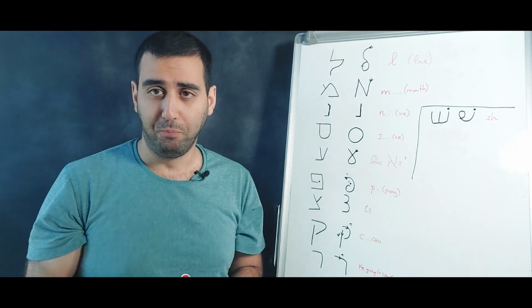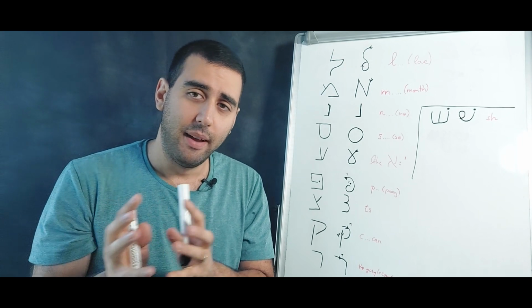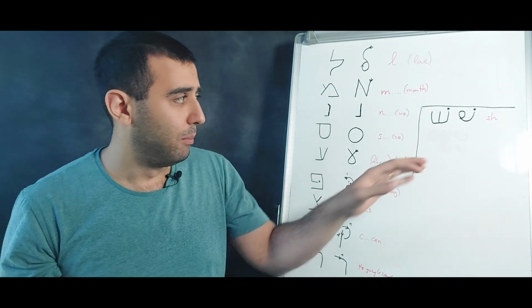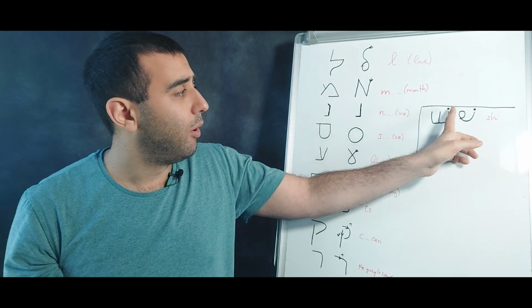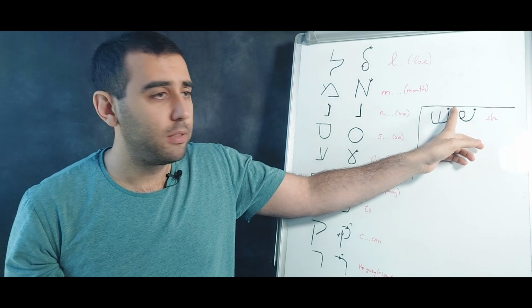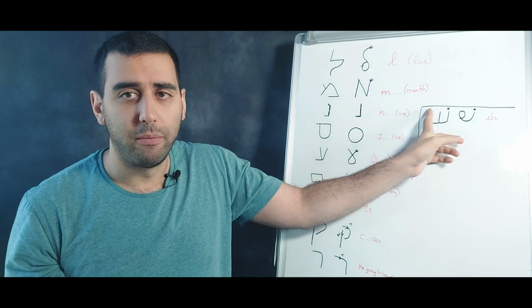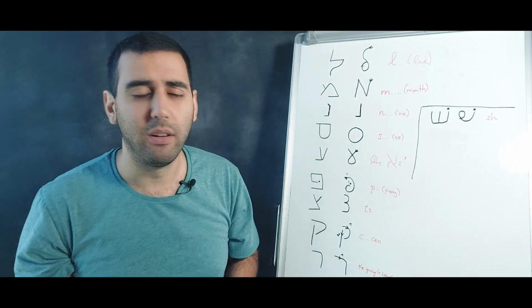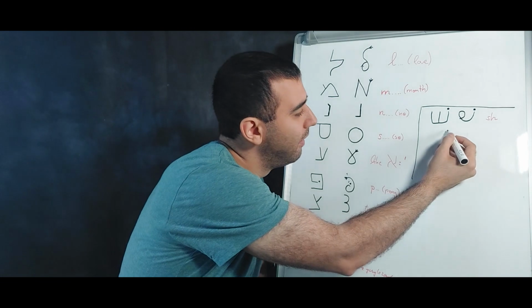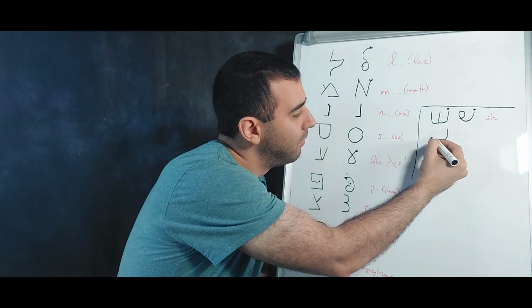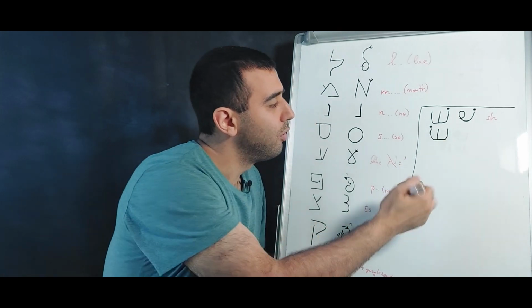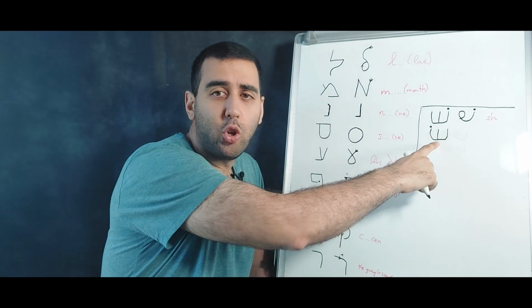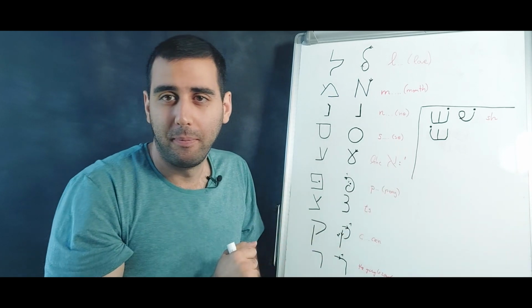Then there's another letter that looks the same, but the point is not on the right top corner, but on the left top corner. I'll show you that one too, because we will not cover it later again. This one is not called Sheen, but Seen.